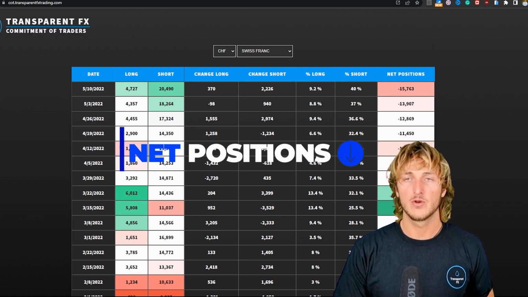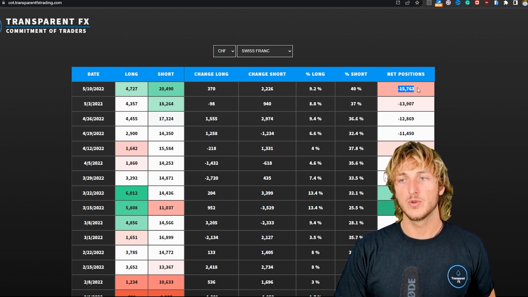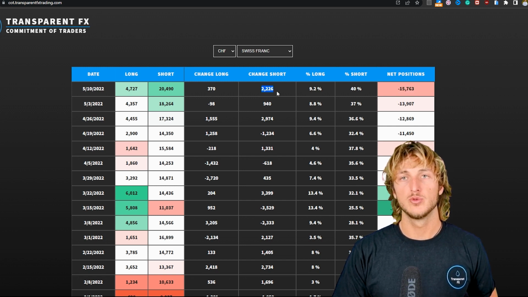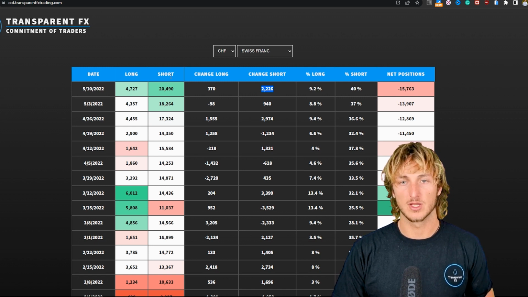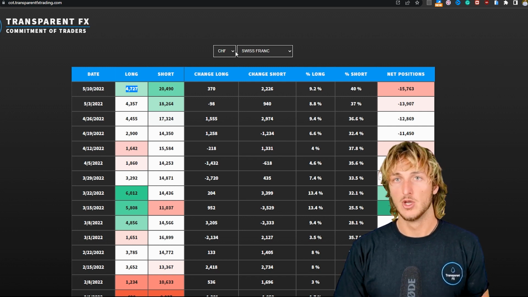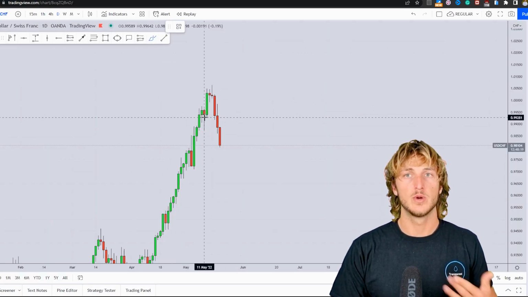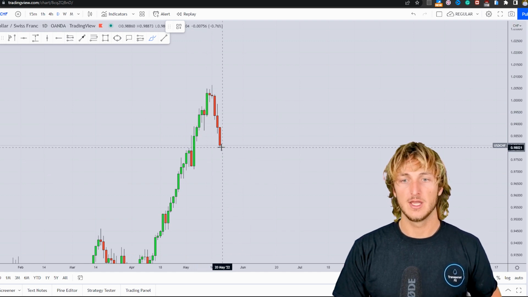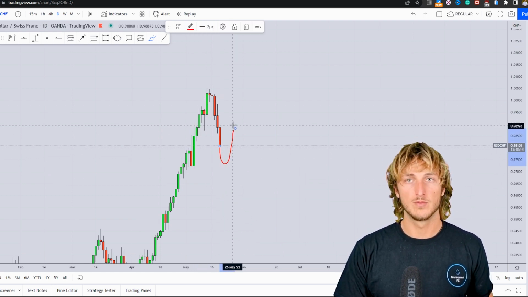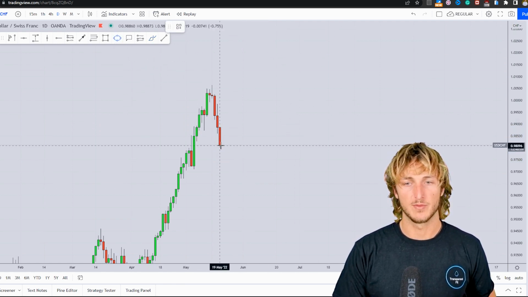We went from having an already negative net positioning of minus 5.2k net positions all the way down to having minus 15.7k net positions, with an additional 2.2k shorts added with the last report, reaching 20.4k shorts compared to only 4.7k longs from an institutional perspective, which obviously makes the CHF quite weak. And a weak CHF is exactly what we need if USDCHF is to make this rejection to the upside to complete this M pattern. So that is how we could be approaching this potential pattern completion.